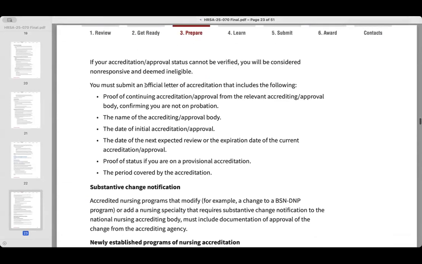Because look at what we need. The official letter that includes proof of continuing accreditation and these other things. Now, looking at roughly 9 months of lead time, not a problem to get this. Just if you're trying to get it in the weekend before it's due, that might be rushing a little bit.